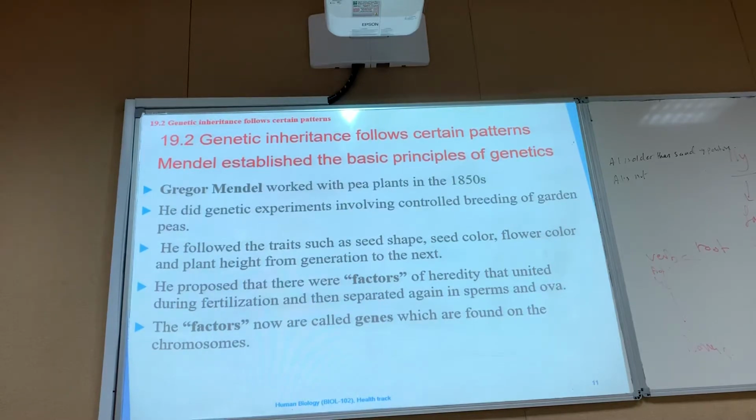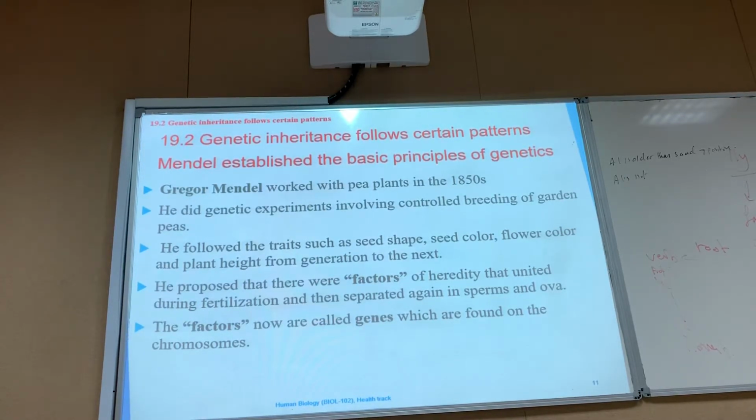His principles are based on complete dominance, which we just talked about, so we know recessive and dominant. We'll talk later about different inheritance patterns like incomplete dominance and codominance. He did this in pea plants, and his were controlled experiments.